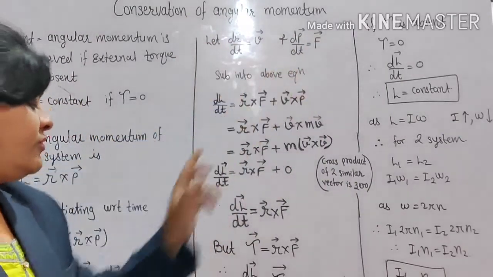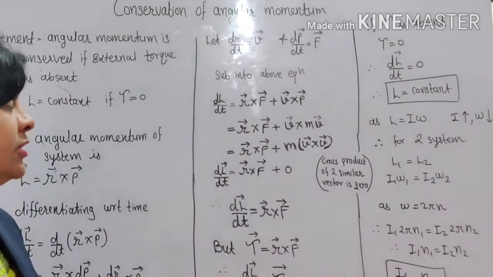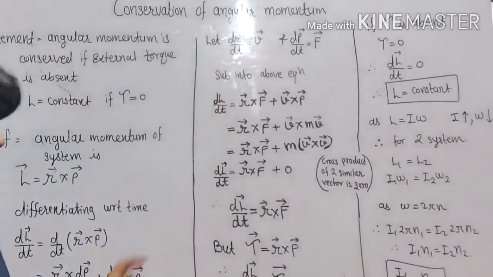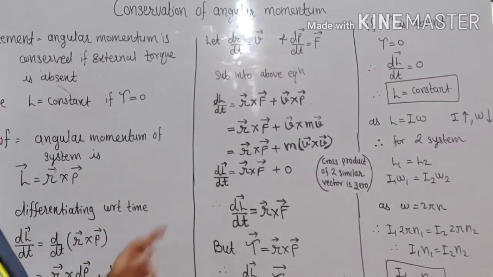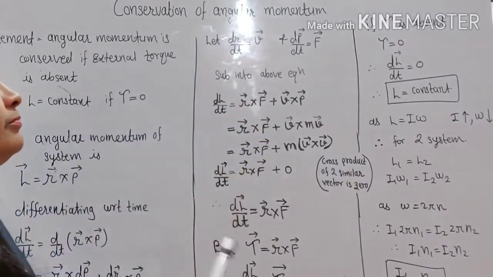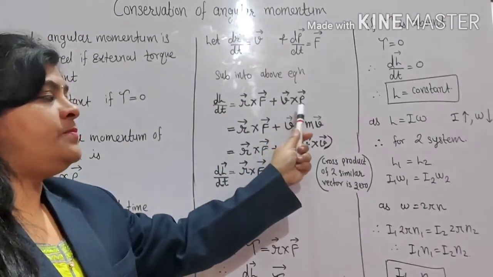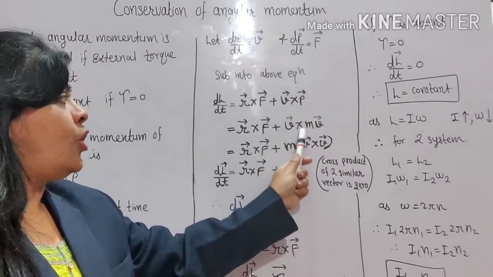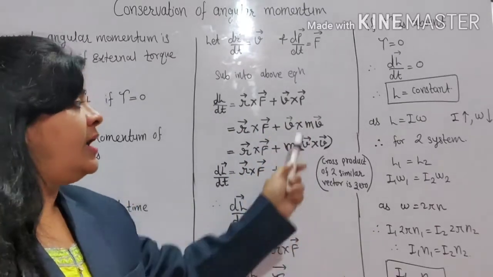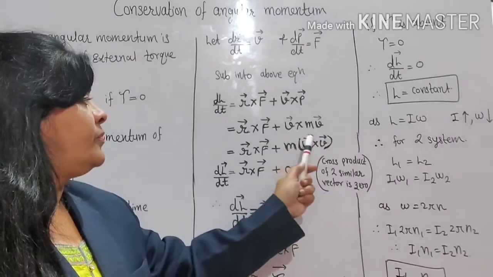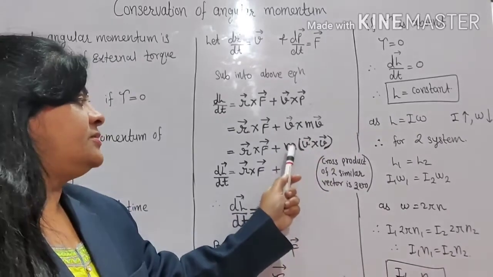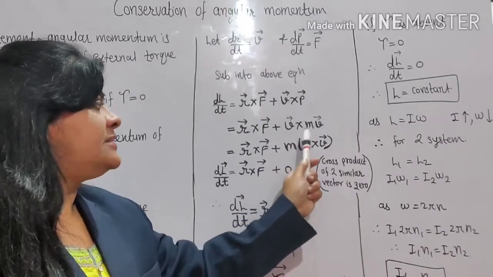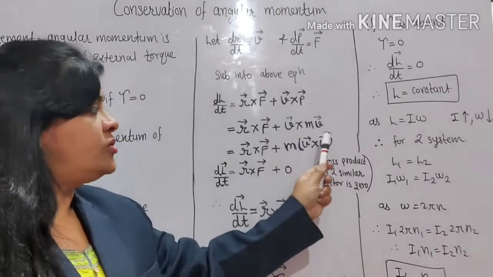Substituting both these values in the previous equation, we get dL by dt is equal to r cross F plus v cross p. Substituting p equals m times v, and taking m outside the bracket, inside we have v cross v.